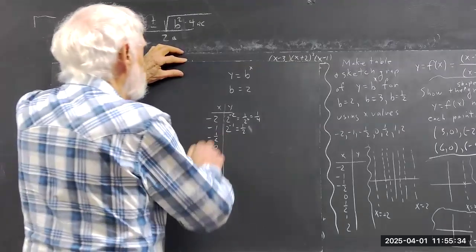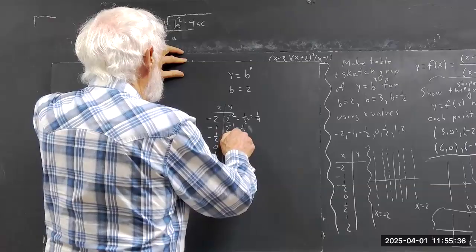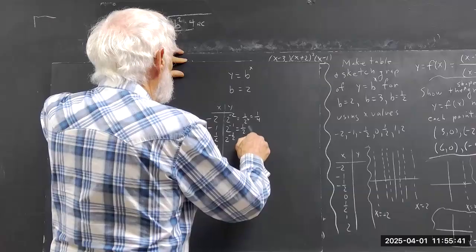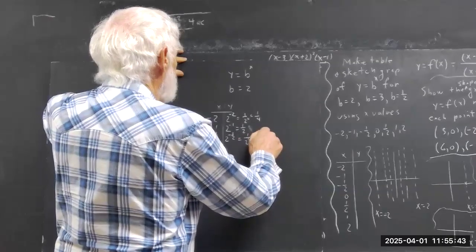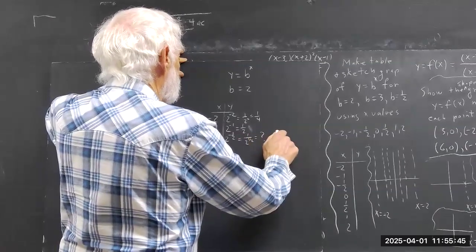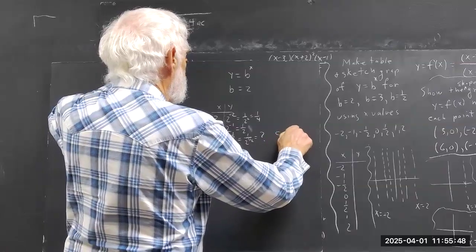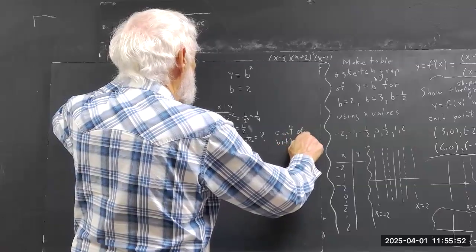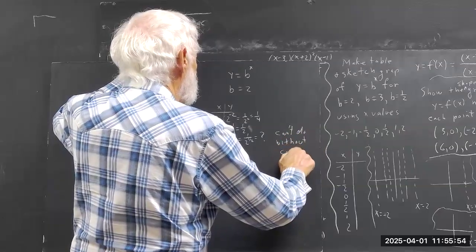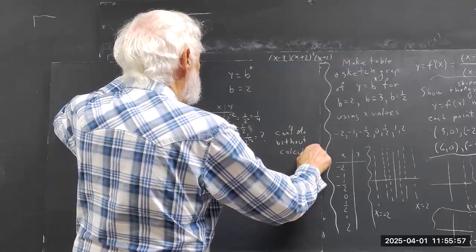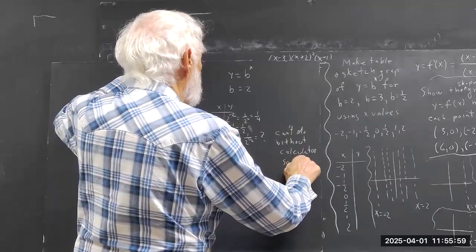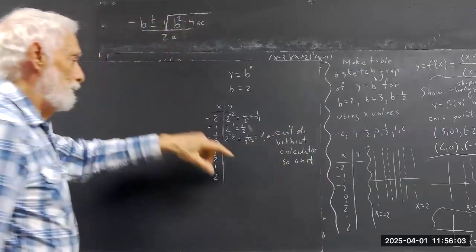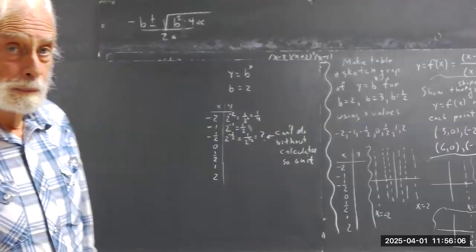Okay? Okay, -1/2. 2 to the -1/2 equals 1/2 to the 1/2 equals what? Two to the 1/2 you can't do.